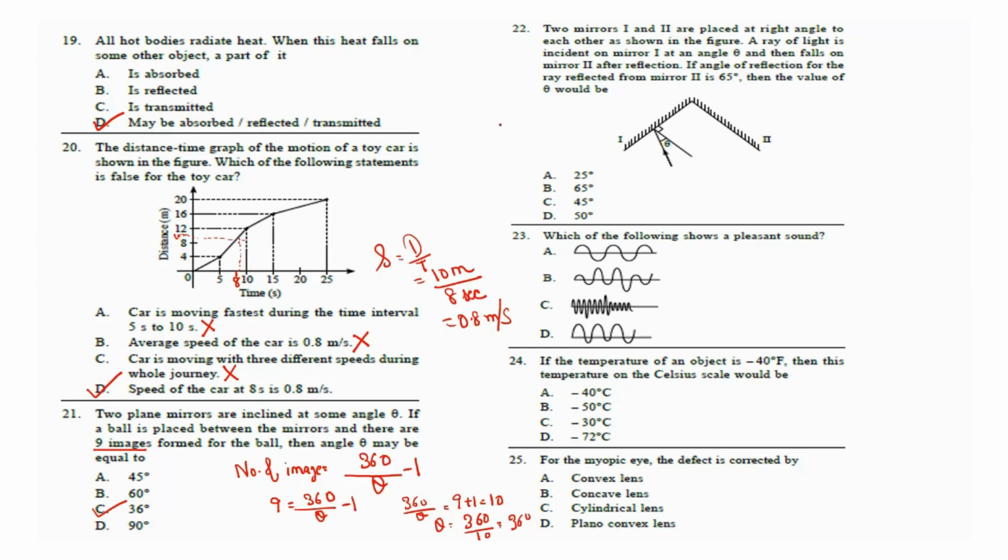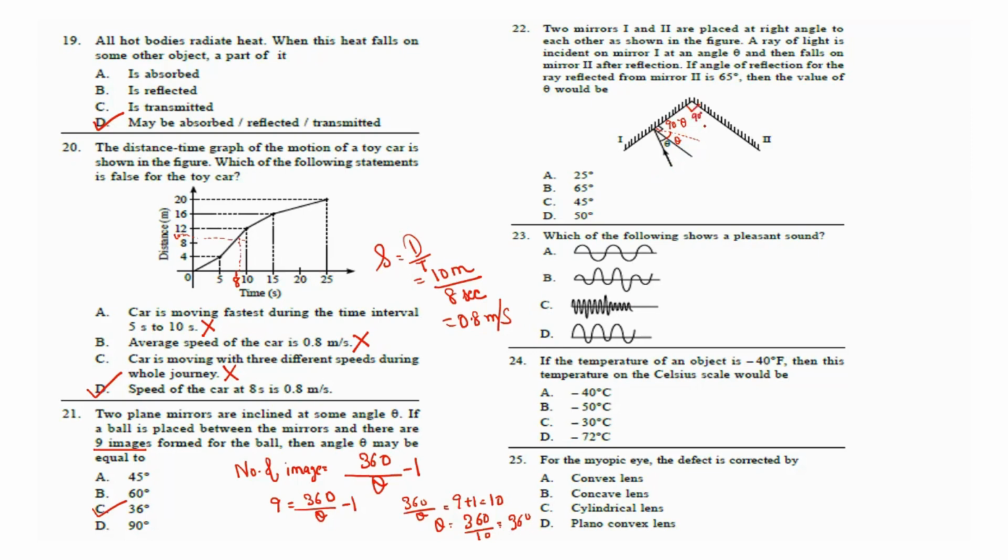So, here what we can see is that this angle is theta. If this is the incident ray, we can take this as the reflected ray, correct? Right. So, this is the reflected ray. So, this angle is also theta, correct? So, if this is theta, then this is 90 minus theta, right?